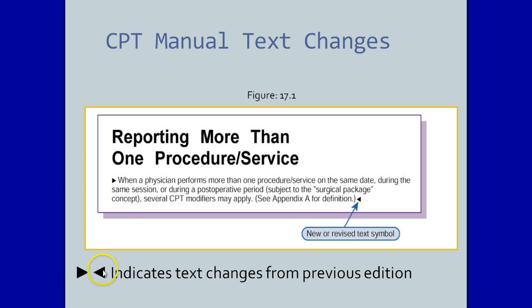So when we see something like this, these particular triangles pointing together, it's telling us that the text has changed from the previous edition. So every year our CPT code book is updated, and so is our ICD-9 manual. So that's what makes coding fun, because every year you get to sharpen up your skills, and you never stop learning.